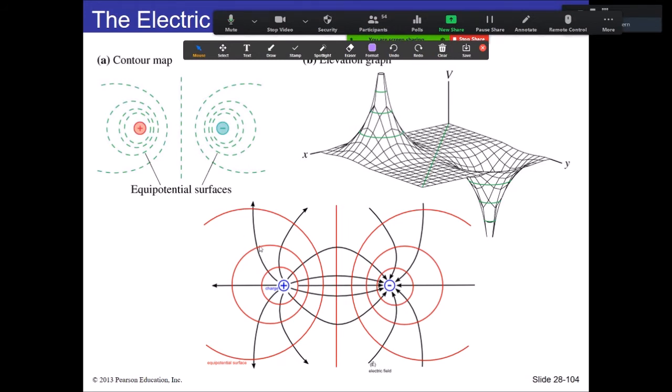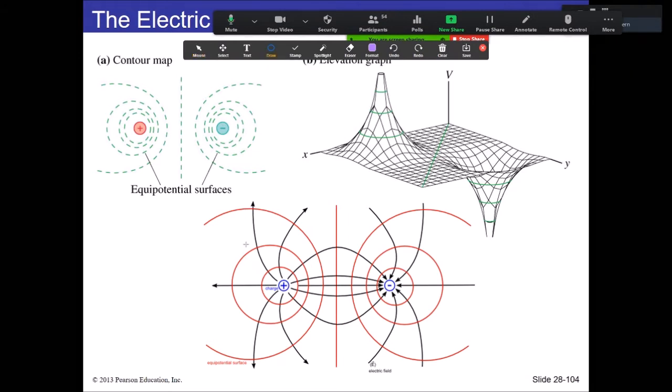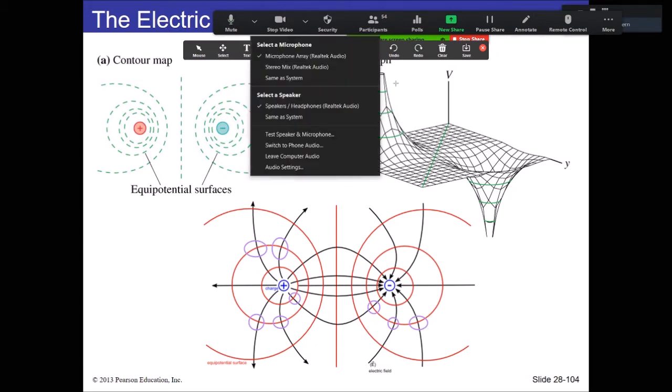Right here, at the moment it crosses the line, it is a 90-degree angle. It's at least a visual connection between the two concepts. Mathematically, we're not going to get there today. I think that's something we're going to cover next class. But just take notice of that.